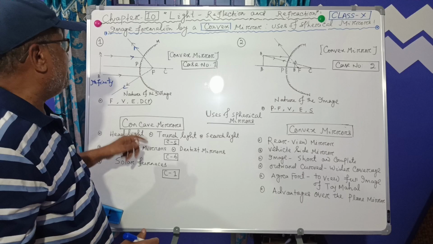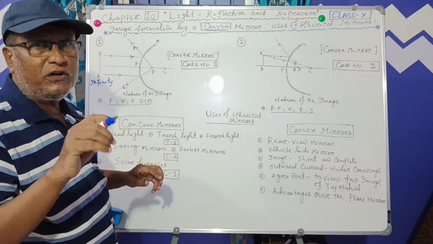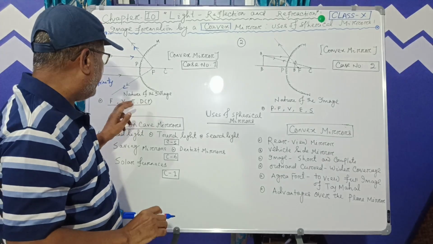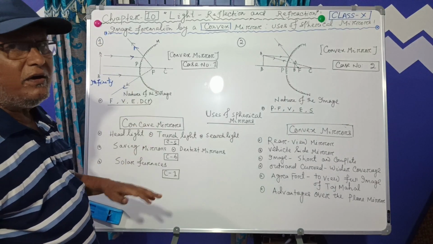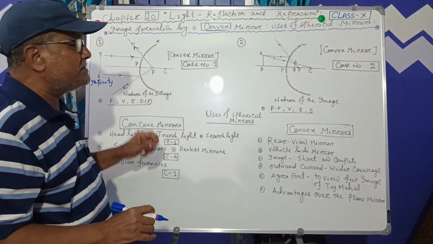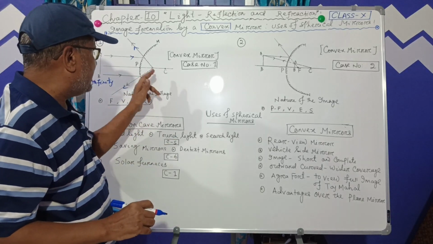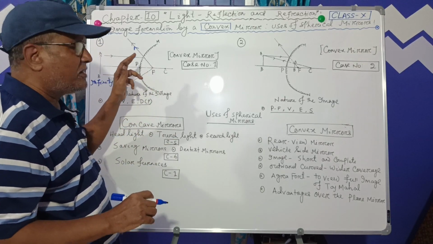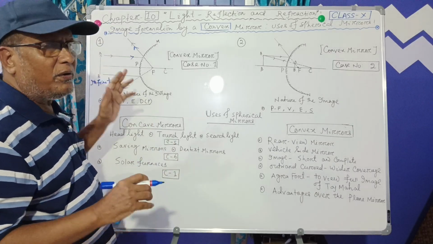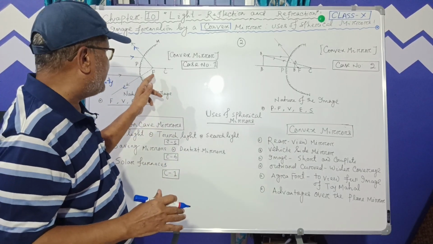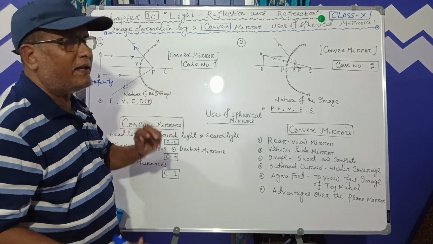Then E for erect, that is not inverted, that is erect. And D for diminished, and size is point sized. So these are the nature of the image formed by a convex mirror. When the object is at infinity, the image is formed at focus. This is case number 1.